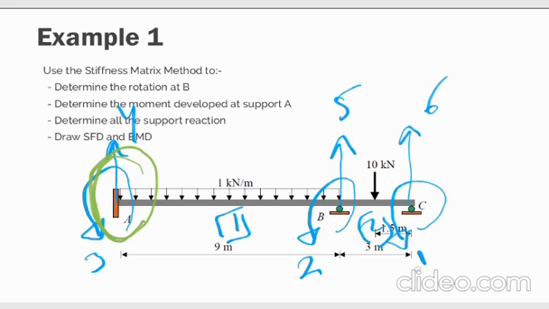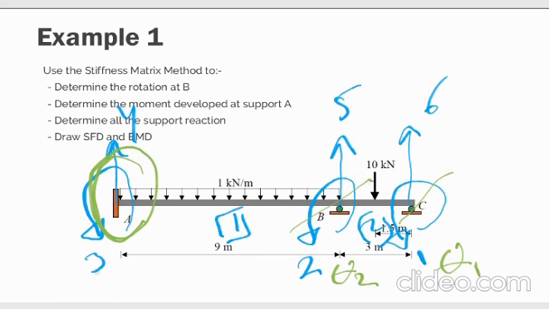So this is theta 1, as I give it a number for the global system. And this is theta 2 because it's a roller, so it's easy to move. Point C can move, and also point B can move.